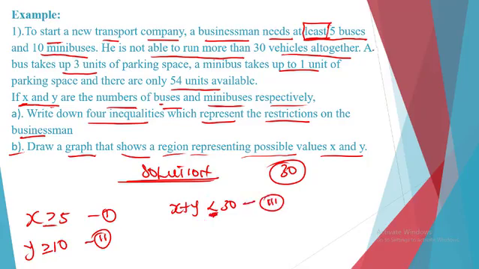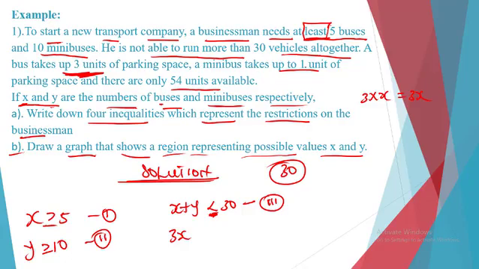And then fourthly, we have that a bus takes up 3 units of parking space, and a minibus takes up 1 unit of parking space, and there are only 54 units available. Our bus is X and takes 3 units, so that is 3 times X, which gives 3X.